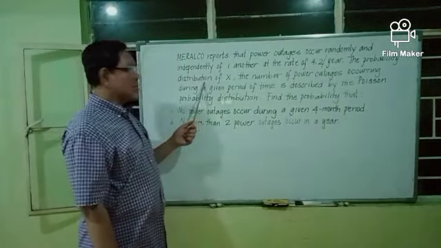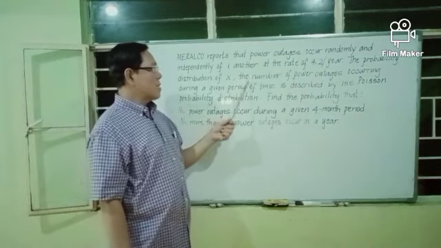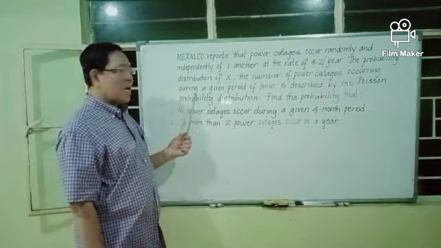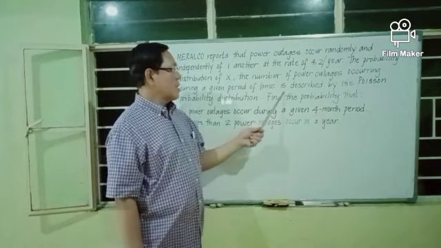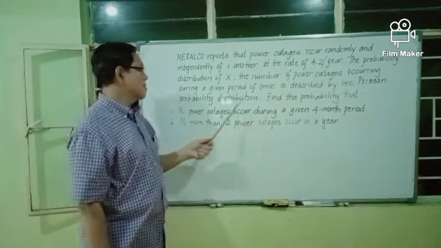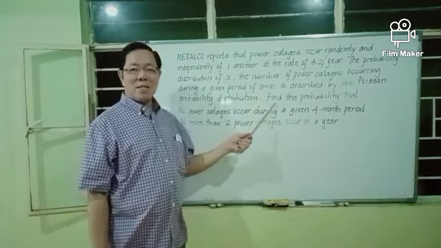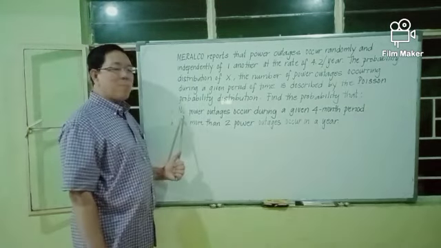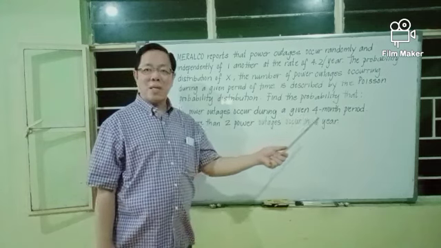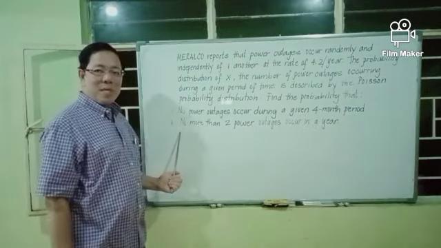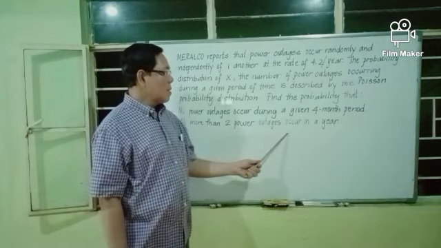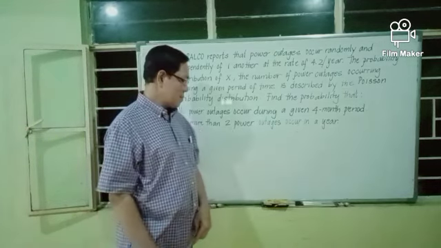The probability distribution of x, the number of power outages occurring during a given period of time, is described by the Poisson probability distribution. Find the probability that letter A, no power outages occur during a given 4-month period. Letter B, no more than 2 power outages occur in a year.